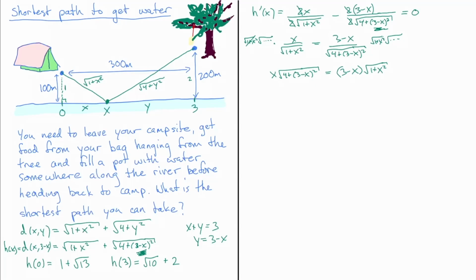If I just square both sides here, I will get rid of those square roots, and then I'll be left with, let's see, it's going to be a quadratic multiplied by a quadratic. So it's going to be a fourth order polynomial on both sides, but it looks like there will be some cancellation. So let's just do that.